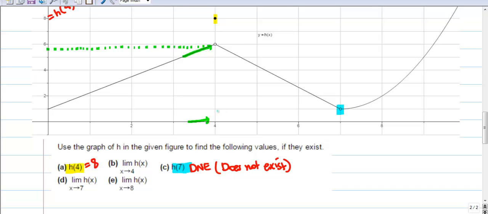As I approach 4 from the other direction, the y values are still approaching 6, right? So all throughout here, those y values are approaching 6. So the limit as x approaches 4 will be 6.